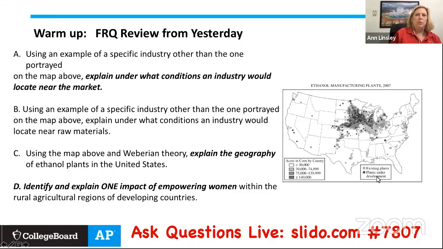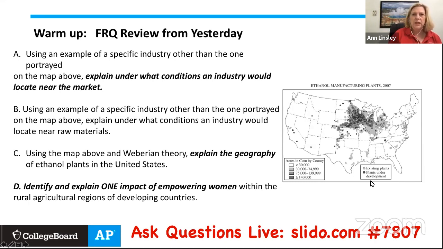When we talk about plants growing in the field, we don't talk about plants under development. We talk about acres of plants or cultivation of plants. We had some confusion when this question came out, that students thought that ethanol manufacturing plants were actually plants that grew in the ground. And as funny as that is, it's also kind of sad, because that means they didn't read manufacturing and they didn't read the legend. So just as a forewarn.